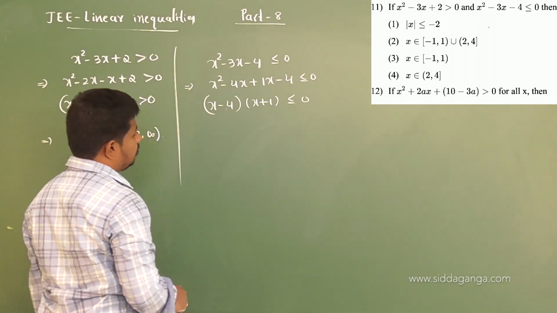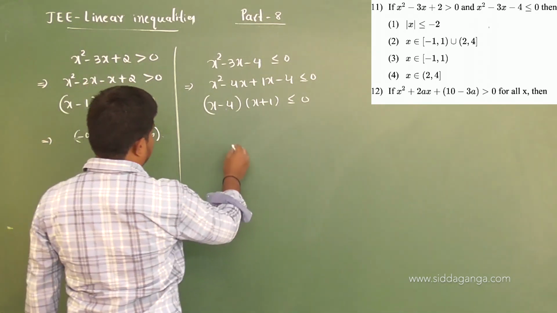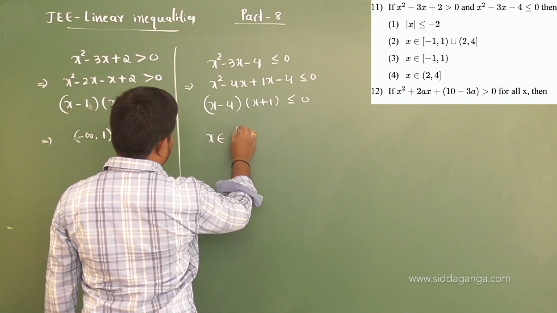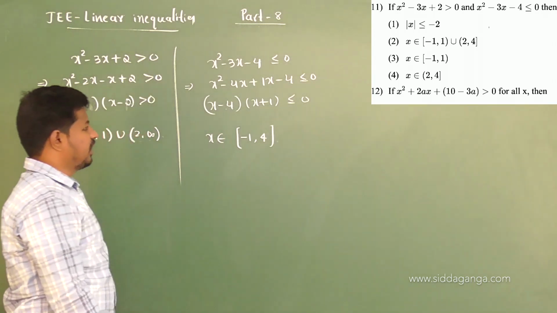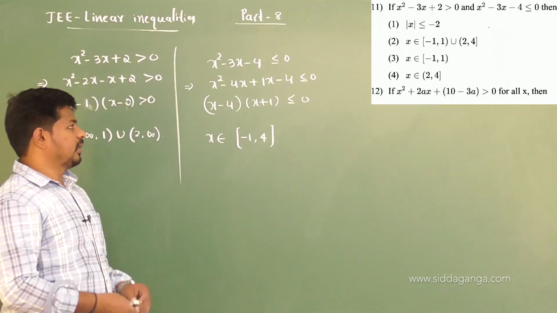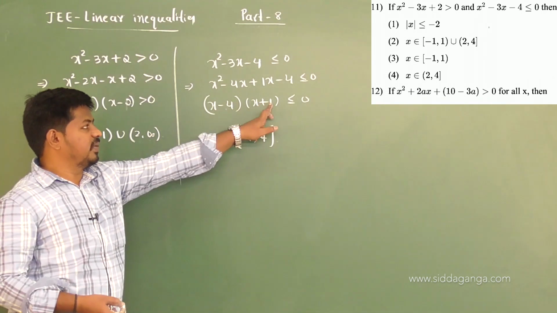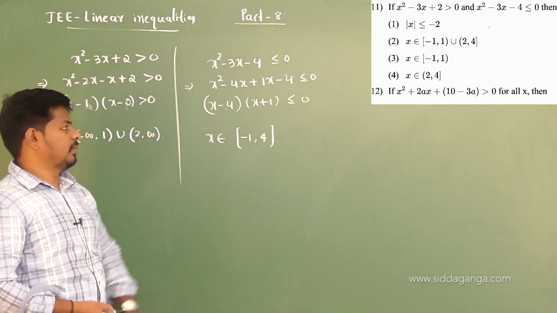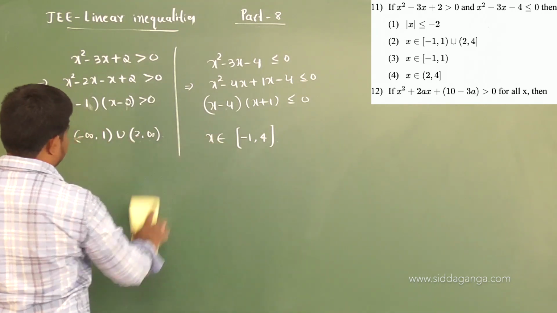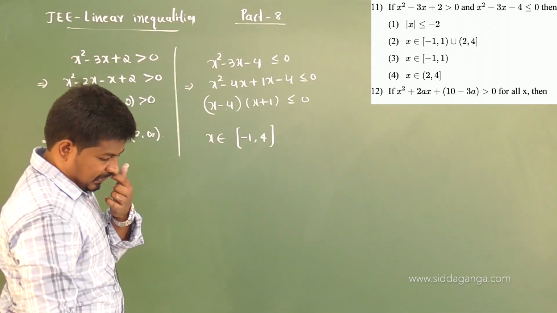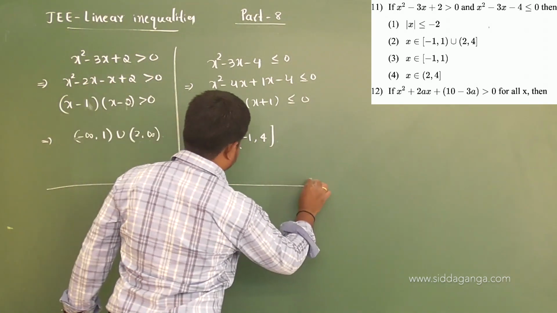So the solution set of this is x belongs to the interval minus 1 to 4, using the result that if x minus a into x minus b is less than or equal to 0, then x belongs to the interval a to b. Now let me find the common values from these two intervals. Let me write a number line here.